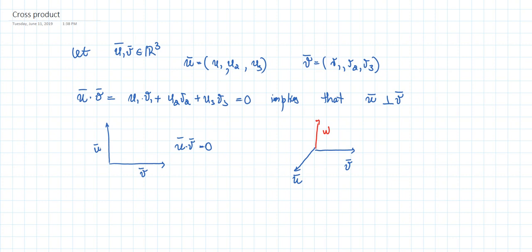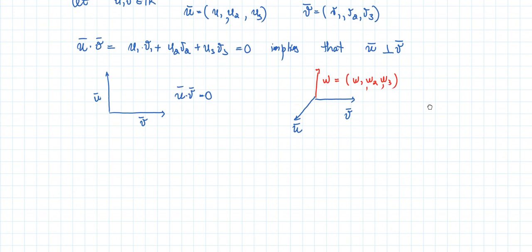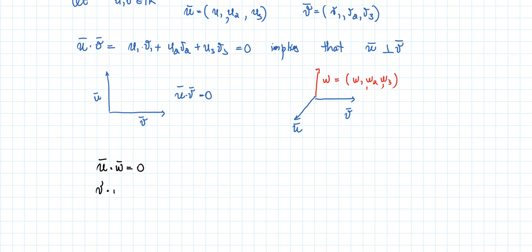So in order to find this, let's denote the components of omega as omega 1, omega 2, and omega 3. Omega is perpendicular to U and omega is perpendicular to V. What does it mean? It means that U dot omega is equal to 0, and at the same time, V dot omega is equal to 0 also.